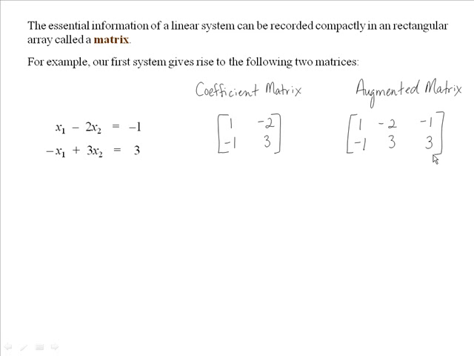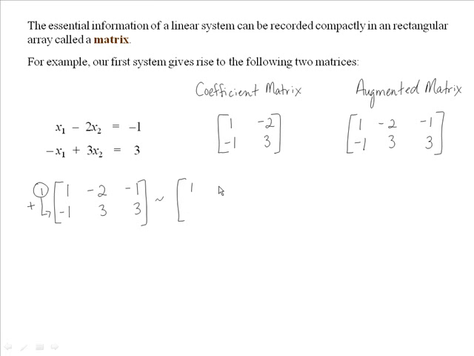We can use the augmented matrix to solve the system. So we'll use that matrix and we'll solve it just like we did in the previous example. We're going to multiply the first equation by 1 so we don't change it, and add it to the second equation.